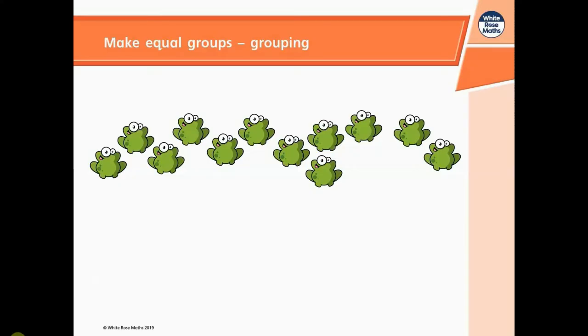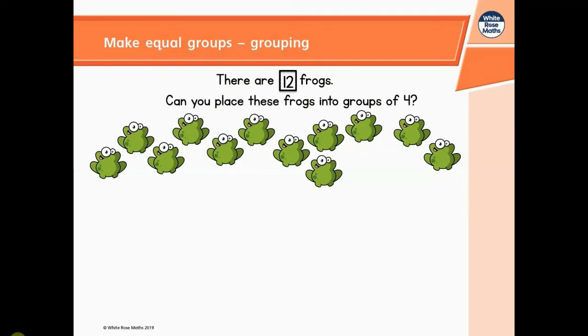Today, we're going to learn about making equal groups, or grouping. Oh, look at all these little baby frogs. How many frogs are there? There are 12 frogs. Now, they want us to place these frogs into groups of 4. So let's give them a log to sit on.